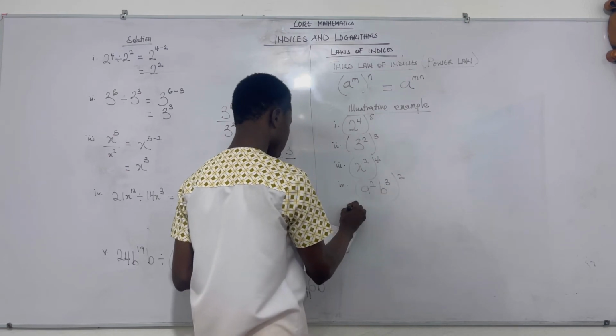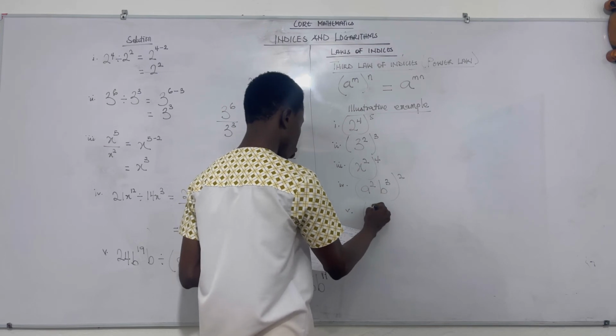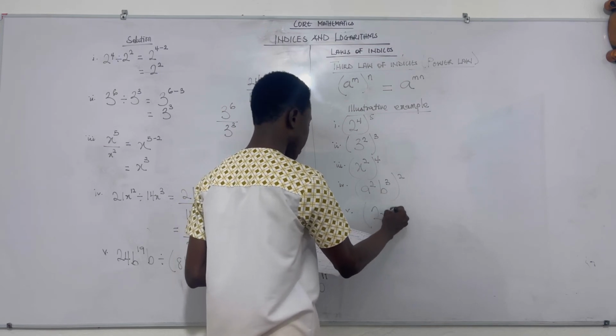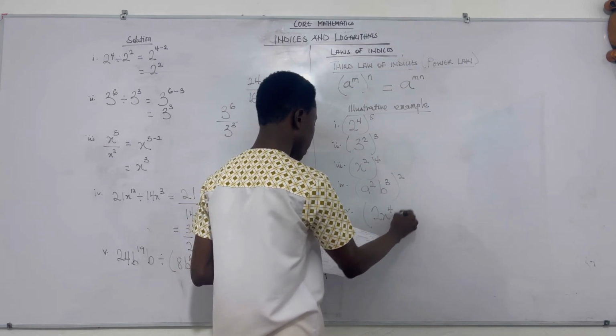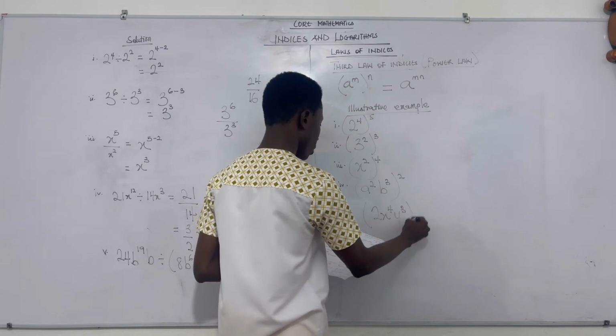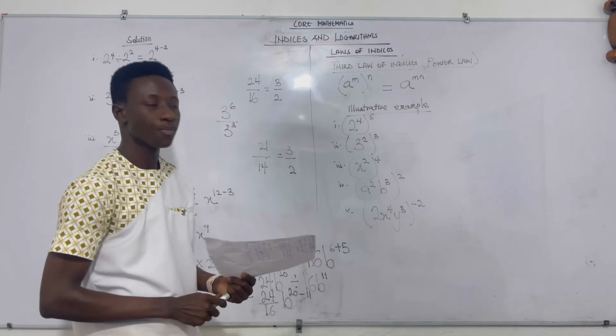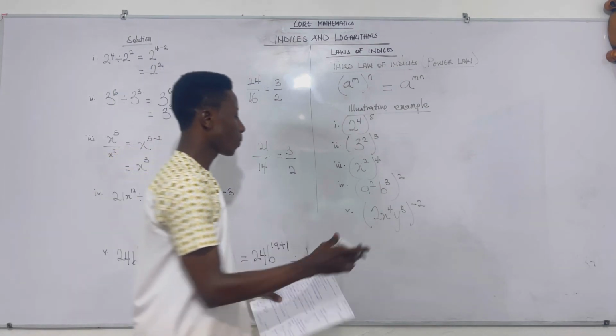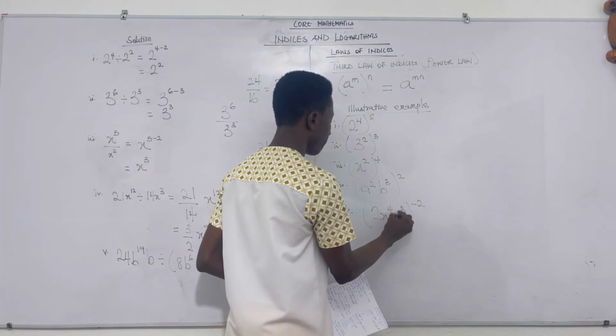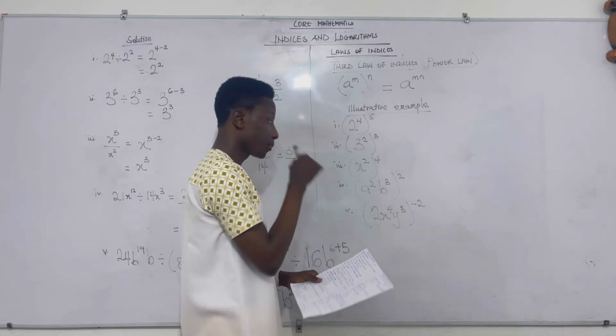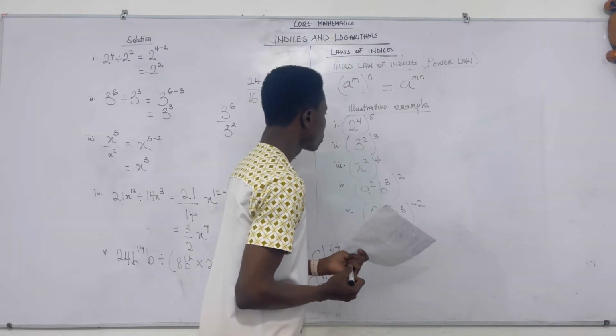What is the value? And lastly, we have 2x exponent 4 y exponent 3 to the index of minus 2. What is the value as well? Okay. So solution.